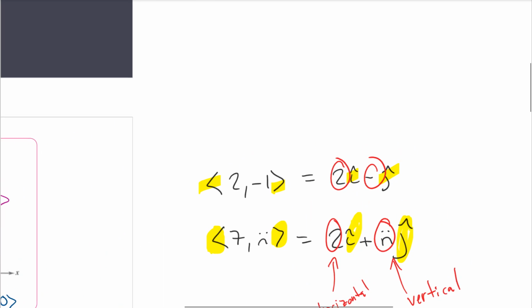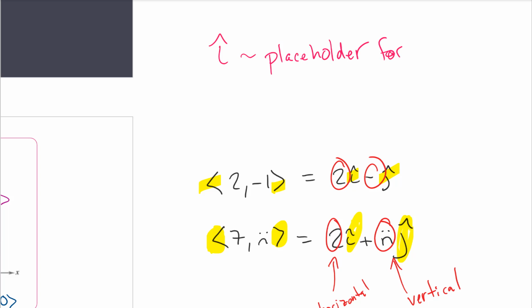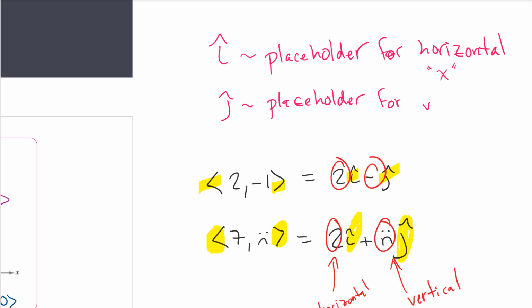They're placeholders. i hat, one more time. Let's summarize this. i hat is like your placeholder for horizontal, like x. And your j hat is like a placeholder for vertical components, vertical direction.